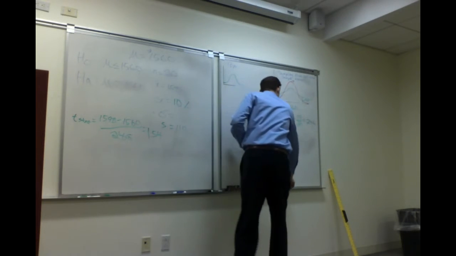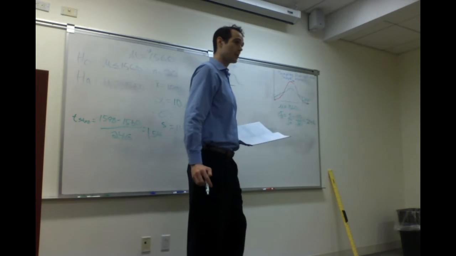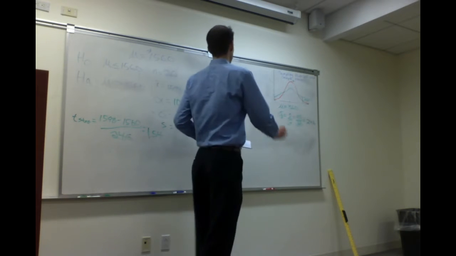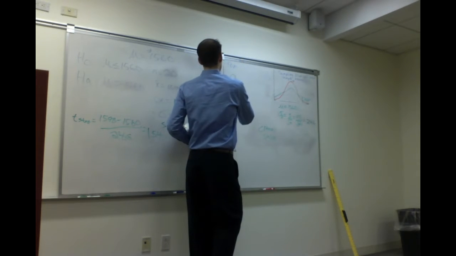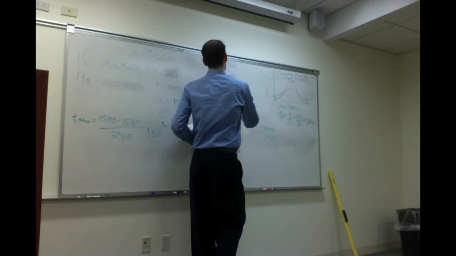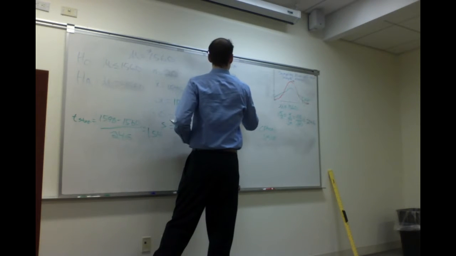And remember, there's one thing we need to do with the T-stat before we begin, which is determine the degrees of freedom. 19. So degrees of freedom, df equals n minus 1, which equals sample size of 20. 20 minus 1 equals 19.